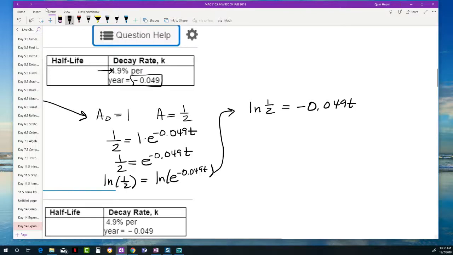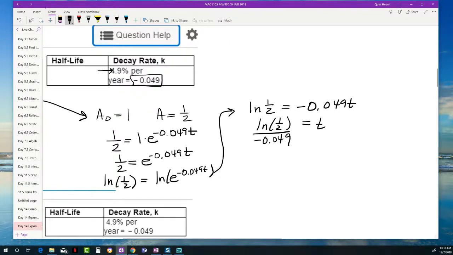And we're going to divide by negative 0.049, and we get t equals natural log of 1/2 divided by negative 0.049. So let's figure out that one on your calculator. You could put in 0.5 instead of a half and make it a little easier. So we have the natural log of 0.5, close those parentheses on the 0.5 and then divide by negative 0.049, and you're going to get 14.1 years.